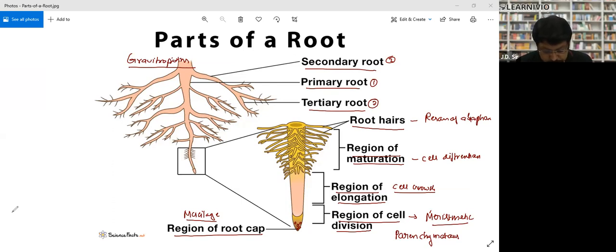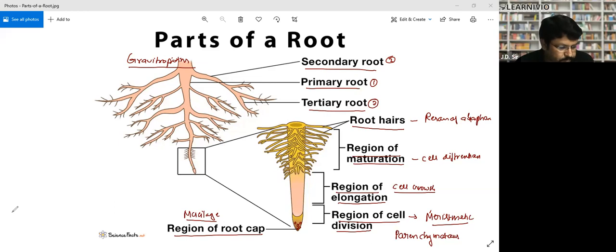The latter is believed to take part in gravitropism. So this was the root cap region.